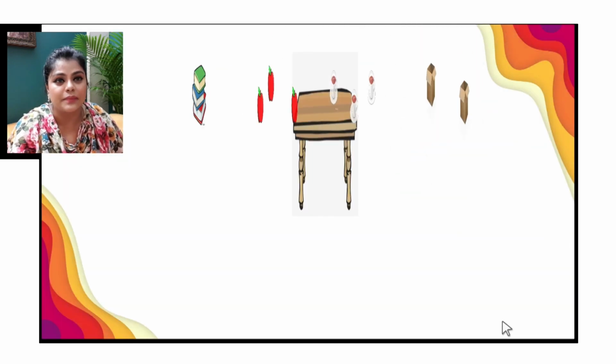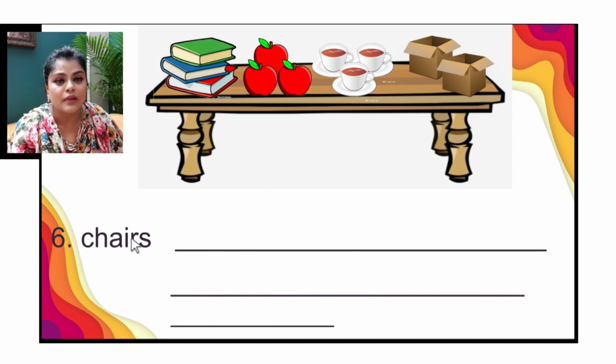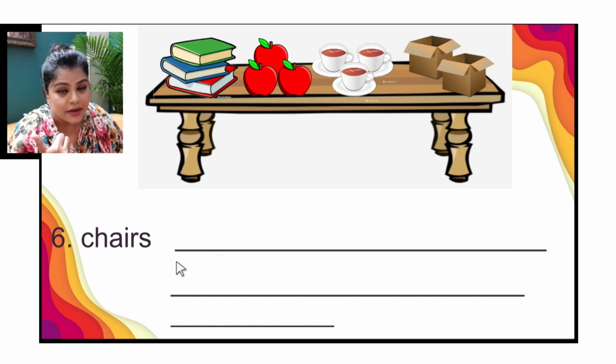Now, sixth one. Chairs. See the question here. Now, you have to tell me the question. So, what will be the question here? Are there any chairs on the table?